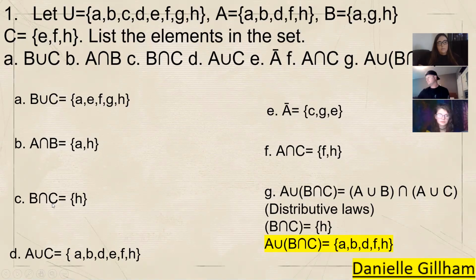Awesome. B and C, the only one B and C has in common is H. A or C together is A, B, D, E, F, and H. All right, and the complement of A is C, G, and E, because in these parentheses, brackets, C, G, and E is not contained in it.